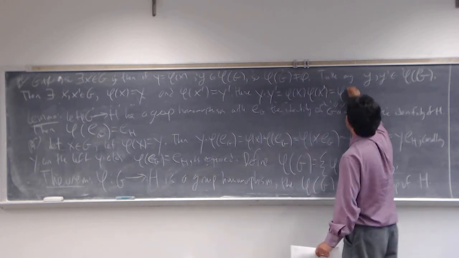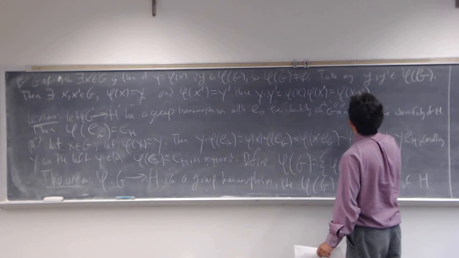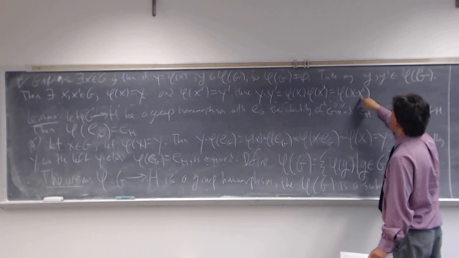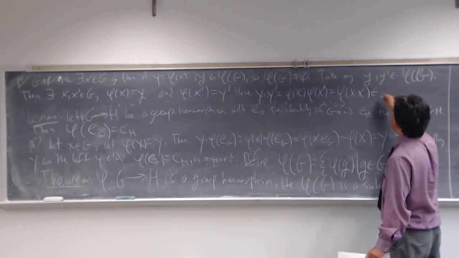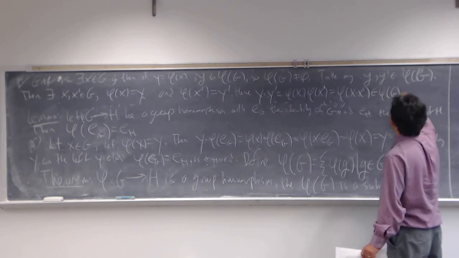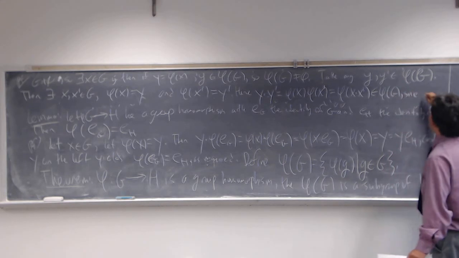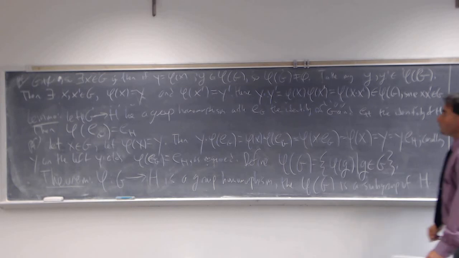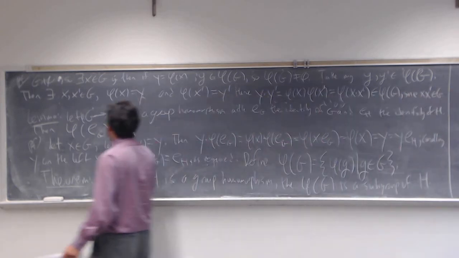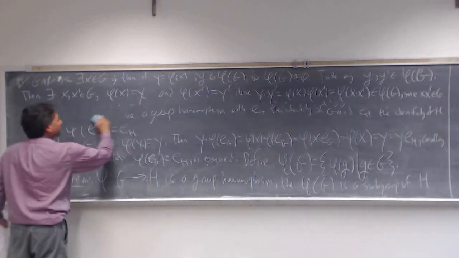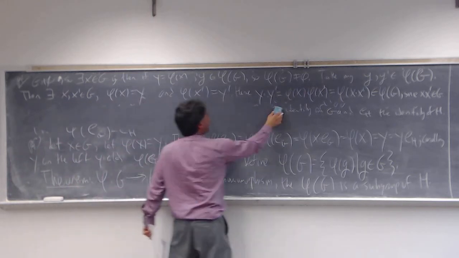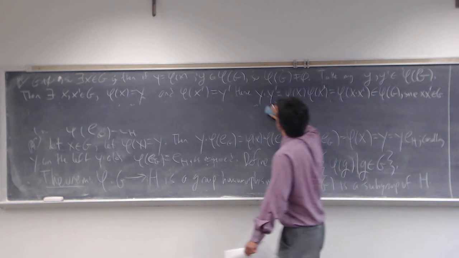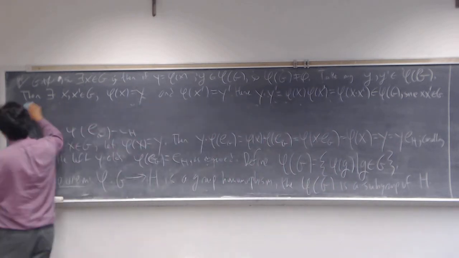But phi is a homomorphism, so that's phi of x times x prime. But x times x prime is in G, so this is an element of phi of capital G, because a group is closed under the product. So we've done step one of the two-step test: we've taken our non-empty set and shown that the product of any two elements in this set is still in the set.